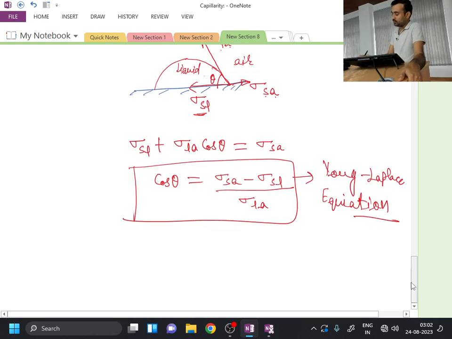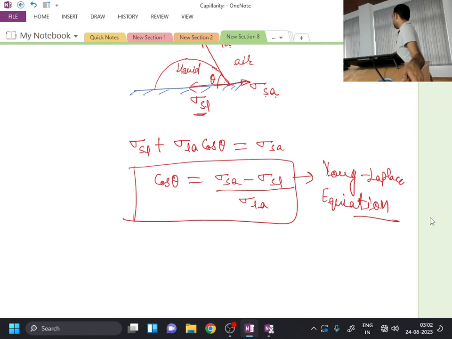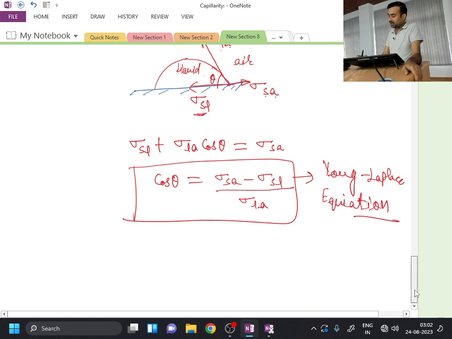This is a very famous equation to determine the equilibrium shape of a droplet, called the Young-Laplace equation. Now this is all about surface tension and its associated phenomenon of capillarity, whatever is required from the understanding point of view for your course on fluid mechanics.